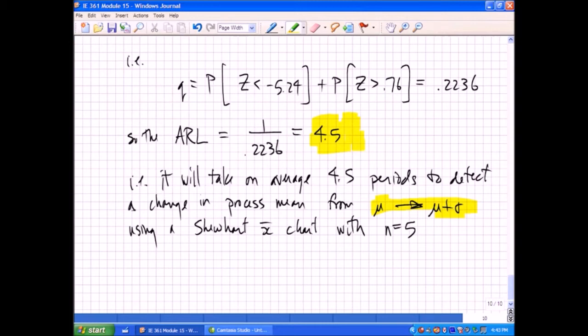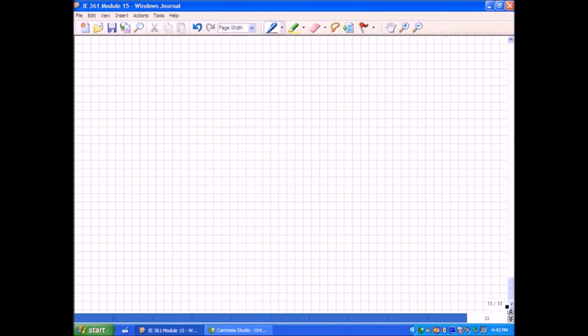Now you can play this kind of ARL calculation game with any distribution for which you know how to compute probabilities for Q's.